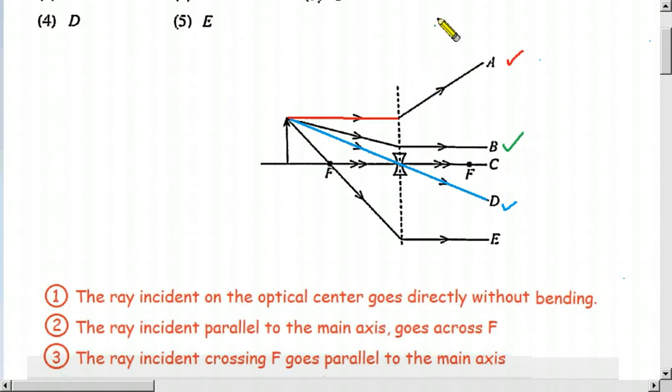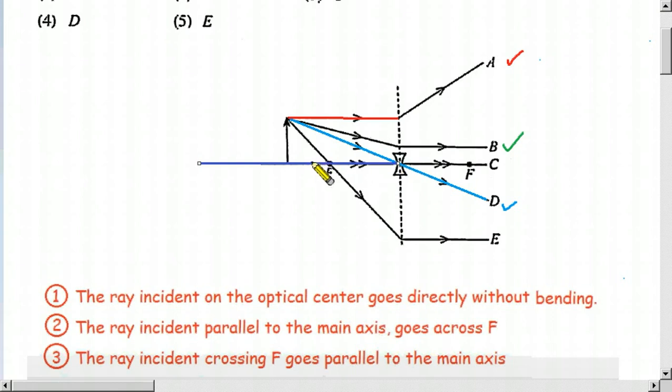Then C. The ray C is coming from the bottom of the object, but it is incident on the optical center.